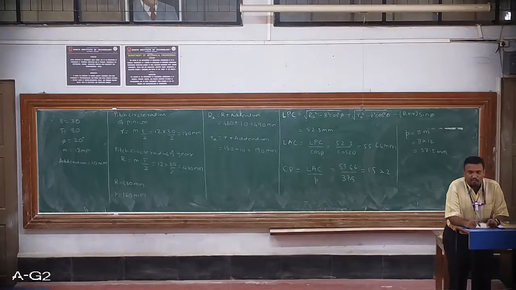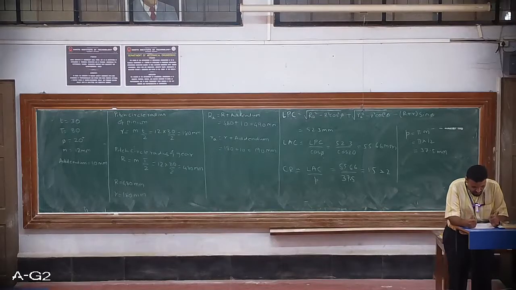The length of arc of contact is the length of path of contact divided by cos of the pressure angle. Substitute and you get the length of arc of contact. Then the circular pitch is pi into module. You calculate the circular pitch, and the number of pairs of teeth in contact, that is the contact ratio, will be the length of arc of contact upon circular pitch. So you get the contact ratio.